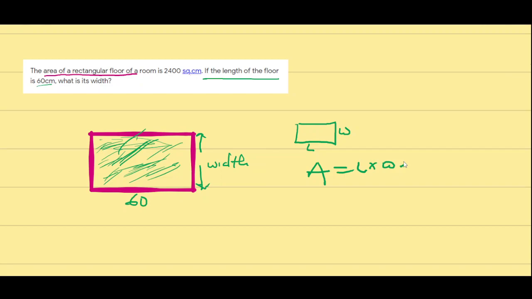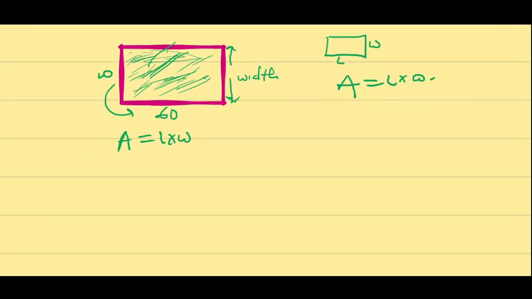So let the width be W. Because the area is equal to the length times the width, we put everything in. The area is equal to 2400 square centimeters, and the length is equal to 60. So let's put everything in our formula and see what we can get.